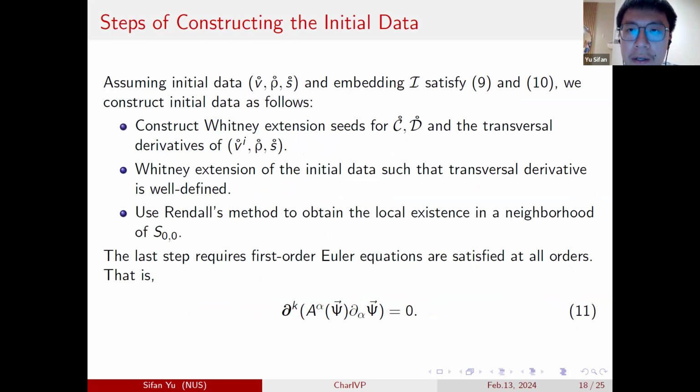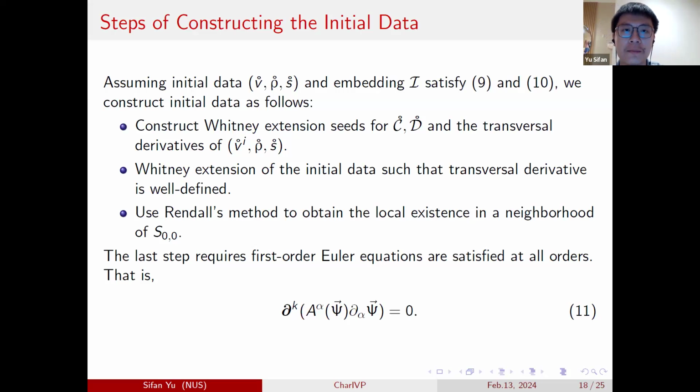Assuming the initial data and the embedding satisfy the previous conditions that we listed, we can construct the initial data as follows. Once I have v, rho, s prescribed, I have every tangential derivative prescribed. So what remains to solve is the transversal derivatives. That goes back to the case we discussed for the linear wave equations, but the order matters.